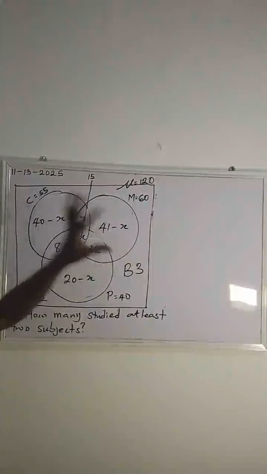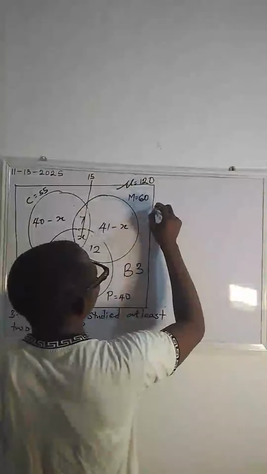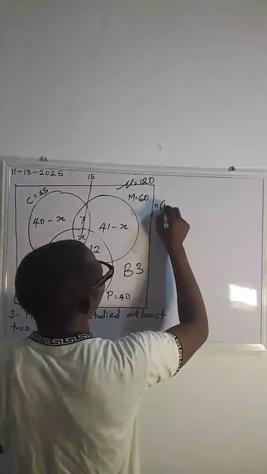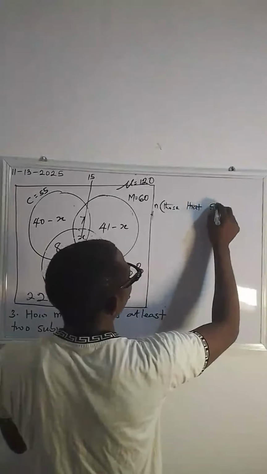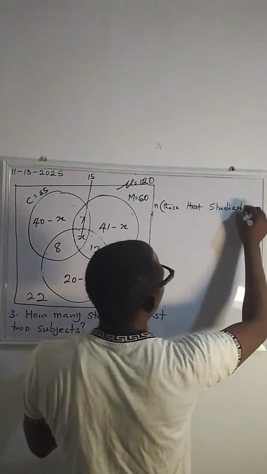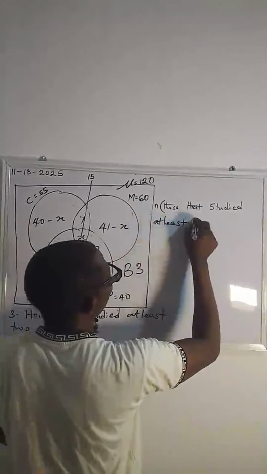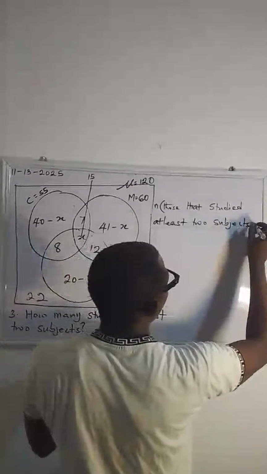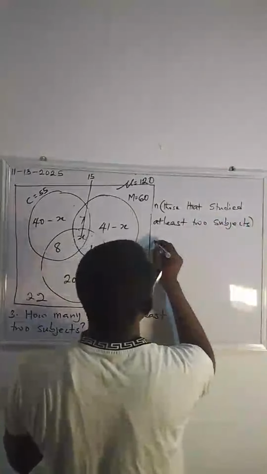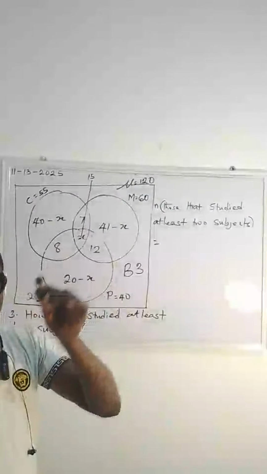So I will start by writing the number of those that studied at least 2 subjects will be equal to those that study 2 subjects and more.